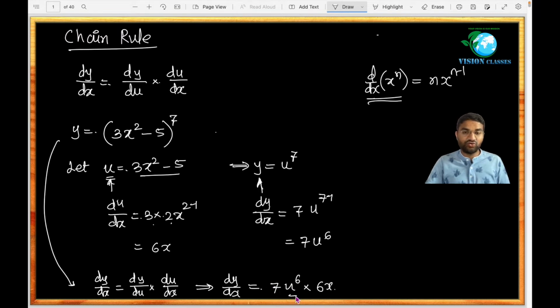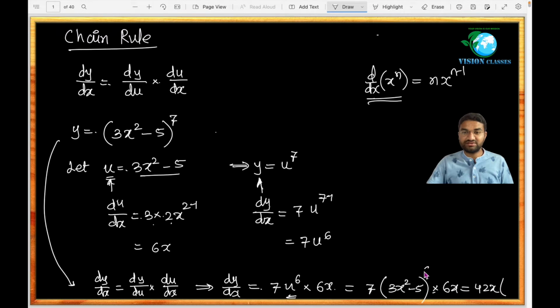And this u you have to put back, which is 3x square minus 5, so 7 times (3x square minus 5) raised to 6, times 6x. You can simplify it further: 6 times 7 is 42x, then (3x square minus 5) raised to 6. Okay, so yes, this is the answer, getting it?